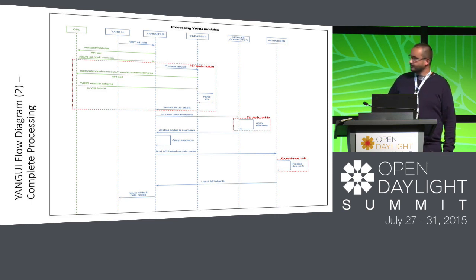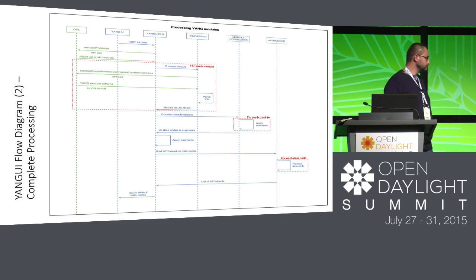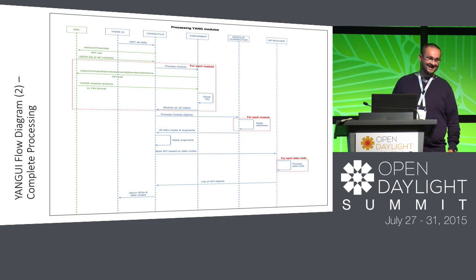Yeah, so I was going to say that all the components on top are defined, or at least spelled out, in the awesome OpenDaylight documentation in YANGUI UI. Yeah, of course. This is probably the first time this has ever been sequenced out.